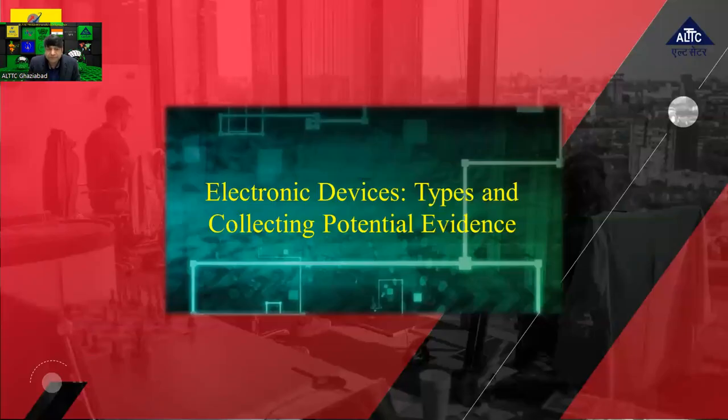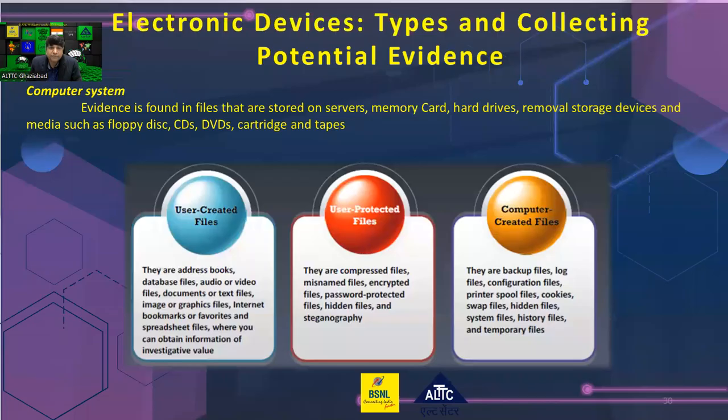Now next we can cover different devices for digital evidence, where we have the potential for collecting digital information for forensic purposes. The computer system is the most important part of any digital system.